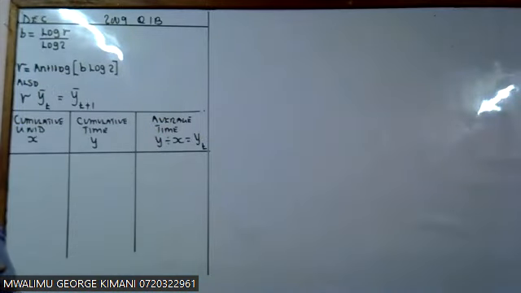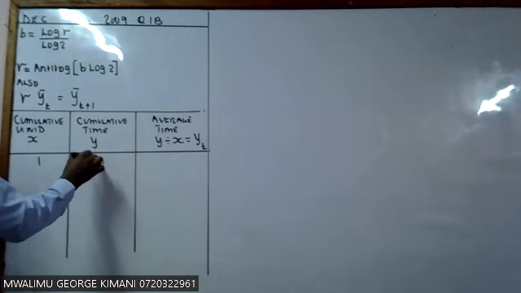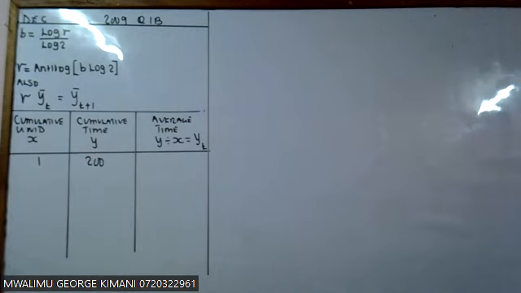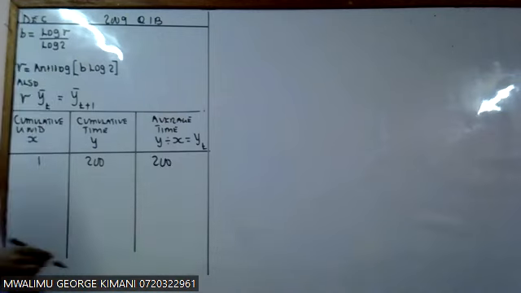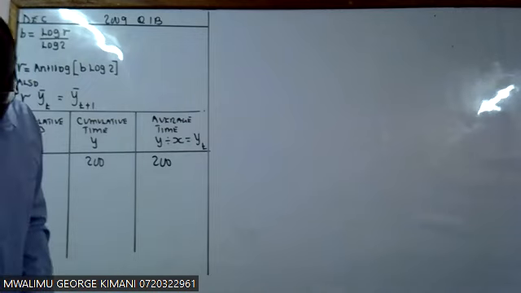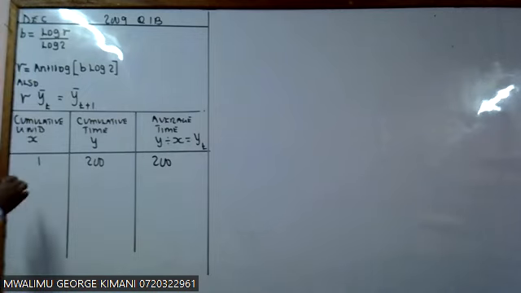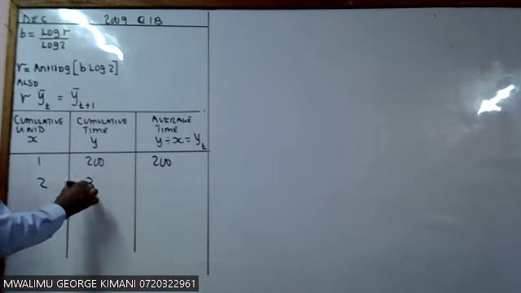As you can see, we have been given 1 unit here, and we are told the total time is 200. So 200 divided by 1 is 200. Then we are told at the double point 2, the total time is 360.